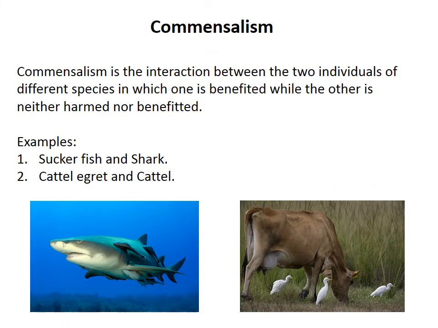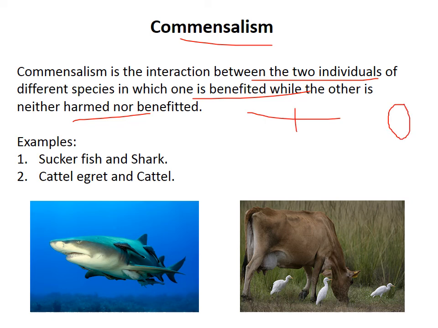Then commensalism. Commensalism means the interaction between individuals of two species in which one is benefited and the other is neither harmed nor benefited. So one is plus and the other is zero. Like the suckerfish and shark: the suckerfish attaches to the body of the shark and gets protection from other species, but the shark gets nothing from the suckerfish.